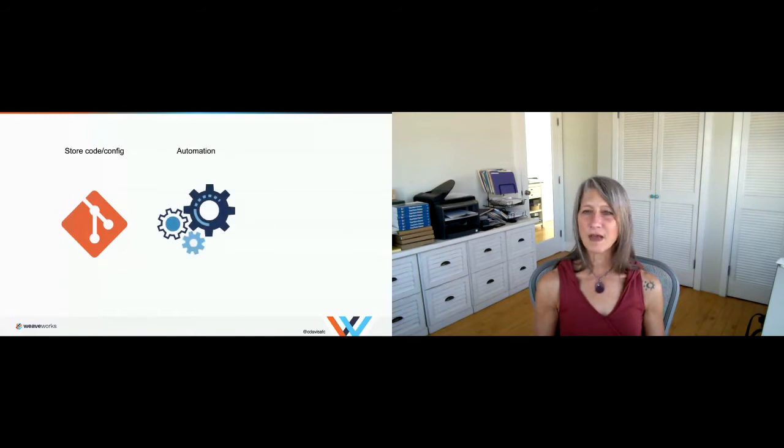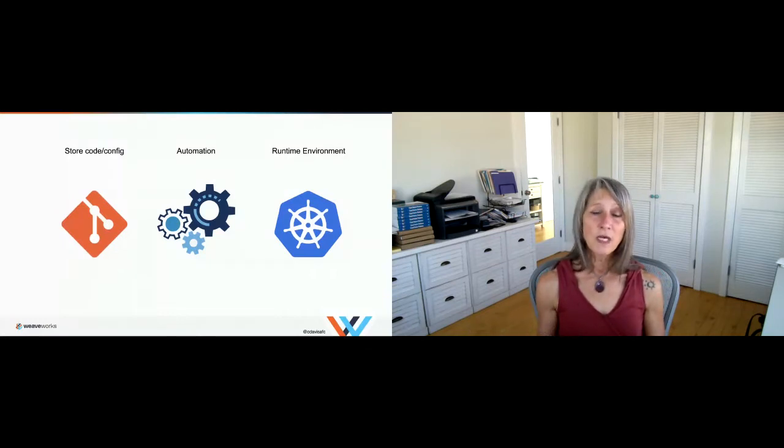That's part of the element of infrastructure as code, is that we have automation. And then that automation is going to result in my application being up and running in some type of a runtime environment. Now, you'll notice here that I'm using the Kubernetes logo, and I will be speaking about Kubernetes throughout the presentation, but understand that GitOps is a pattern that applies across any type of runtime environment.